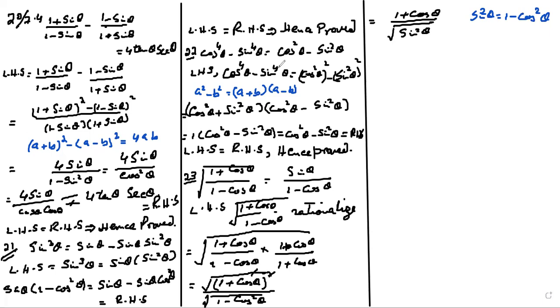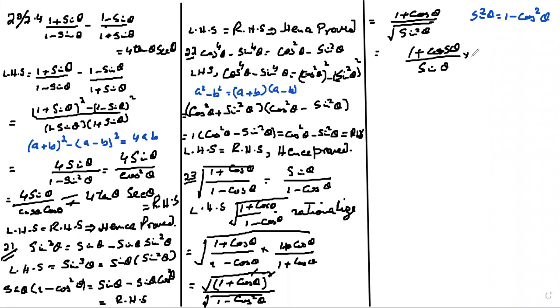So this will become 1 plus cosine theta over sine theta.